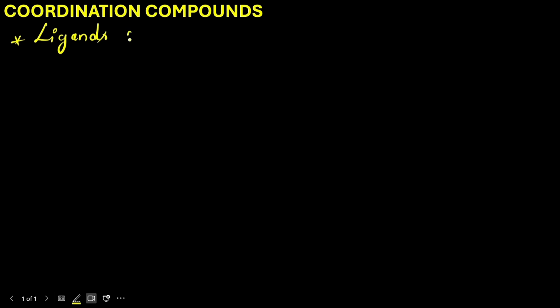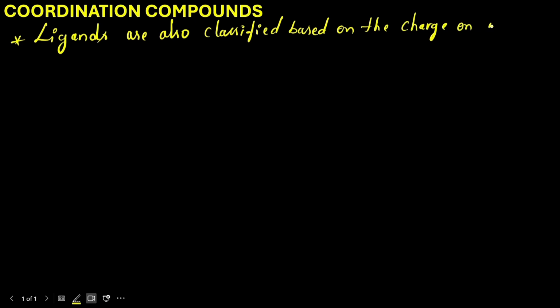Ligands are also classified based on the charge on them. The first classification is cationic ligands.